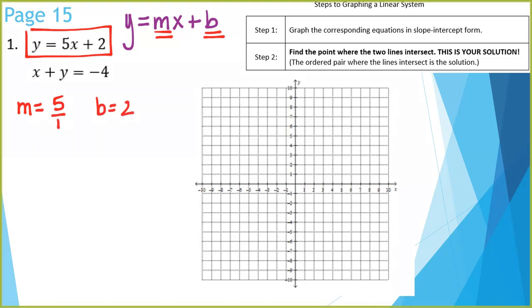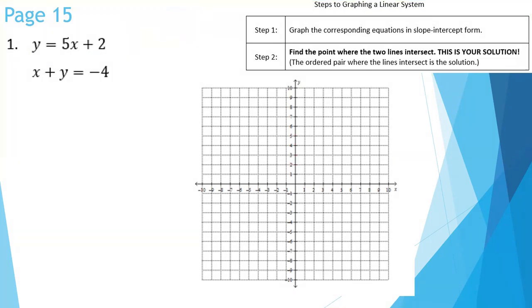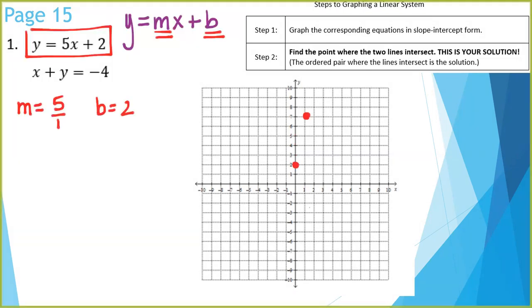So we start at 2. Now I'm going to count up 5, 1, 2, 3, 4, 5, to the right 1, and plot a point. So let's go ahead and graph that line. I'm also going to go backwards just to have an additional point.